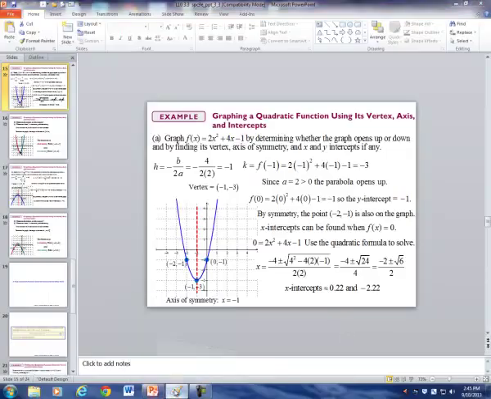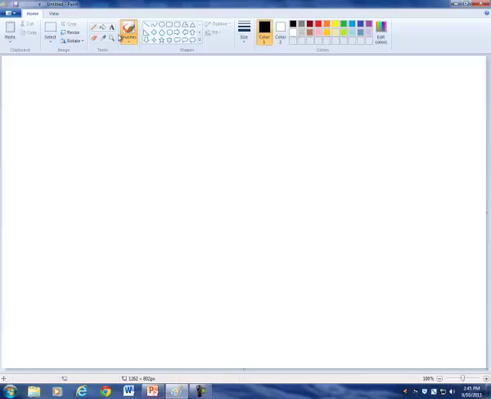We've got negative 4, plus or minus the square root of 24, over 4.